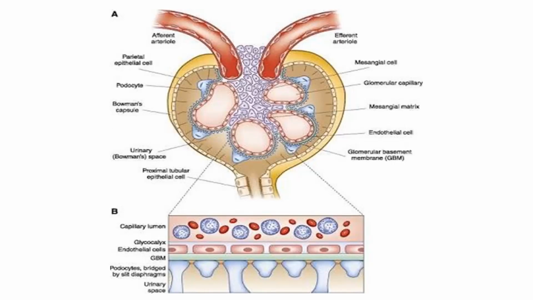Now, the filtration barrier consists of two things. It is a size selective barrier: a filtration barrier of a certain size stops certain elements which are larger in size. But then it is also a charge selective barrier. What is a charge selective barrier?